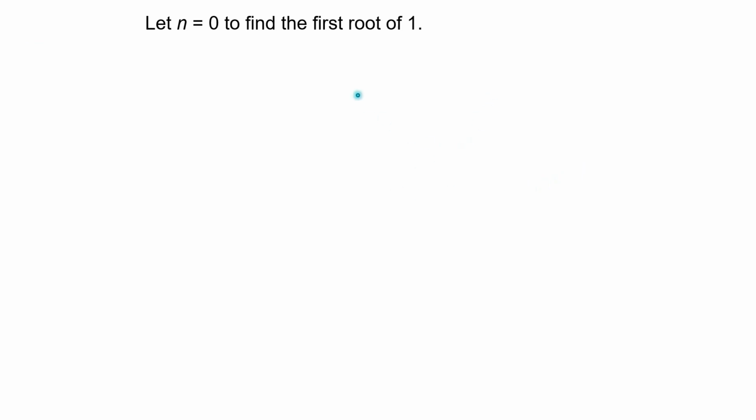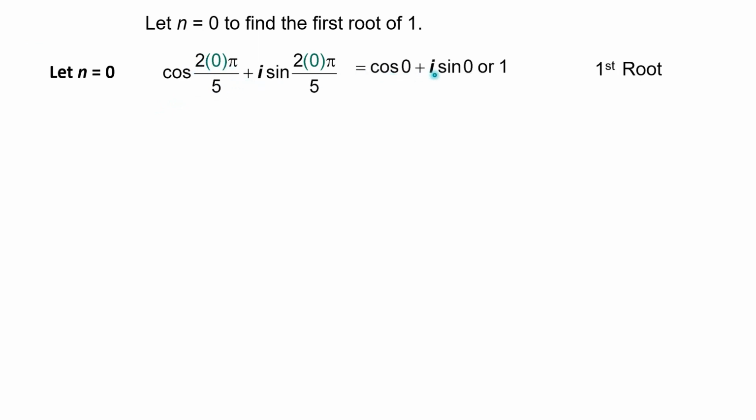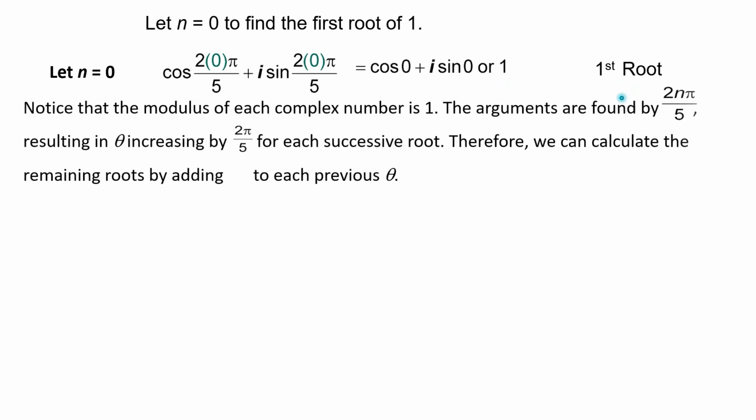To find the first root, we put n equal to 0. If we substitute n equal to 0, we get cos 0 plus i sin 0, which is 1. This is the first root. Now note that the modulus of each complex number is 1 and the arguments vary by 2 pi by 5.